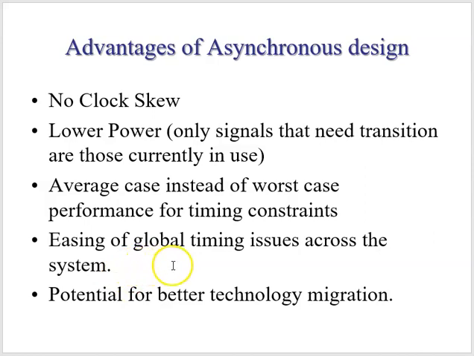Additionally, it eases the need to design for global timing issues across the system, and it eases migrating from one technology to another. Synchronous design is very specific to the clock signal and propagation delays. Sometimes we connect two synchronous circuits with an asynchronous circuit.